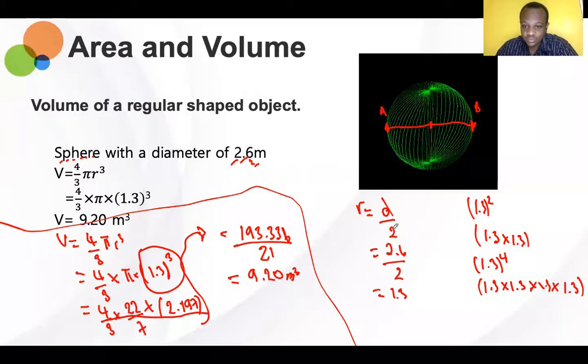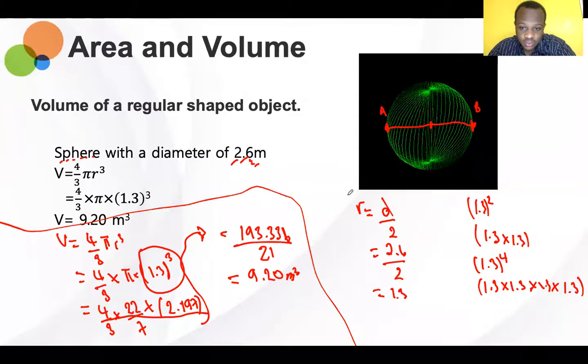D over 2. So it would be 2.6 over 2, because our diameter is 2.6. So that would be 1.3. So are we good here? Yes, sir.